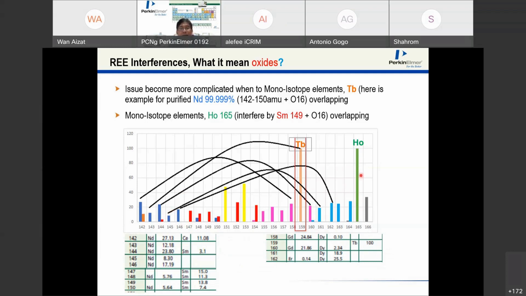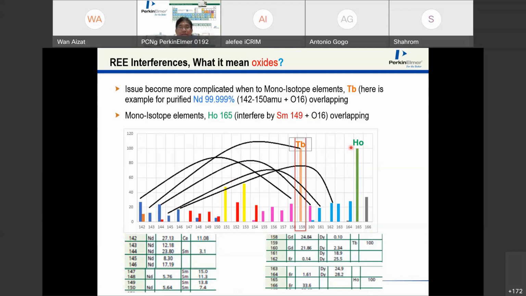Next, look into HO. HO is also a monoisotope at 165. 165 minus 16 will be 149, SM 149. SM oxide will interfere with this HO. So in this case, what does it mean?